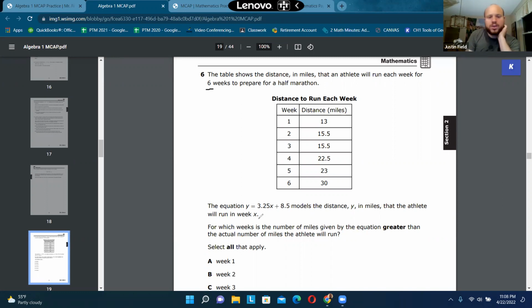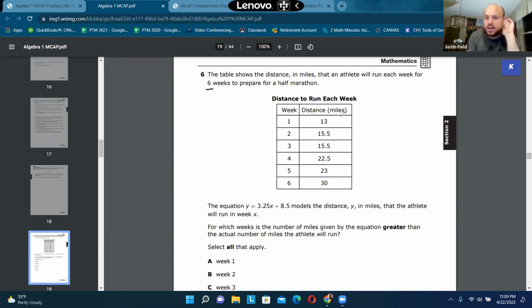For which weeks is the number of miles given by the equation greater than the actual number of miles the athlete will run?